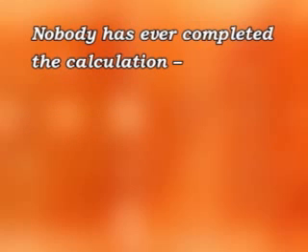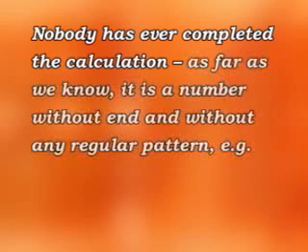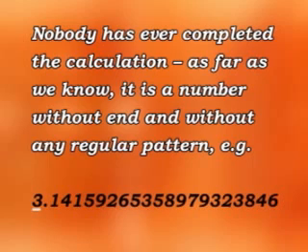Nobody has ever completed this calculation. As far as we know, it's a number without end and without any regular pattern. Pi, for example, looks like this: 3.1415926535897, and so on and so on.